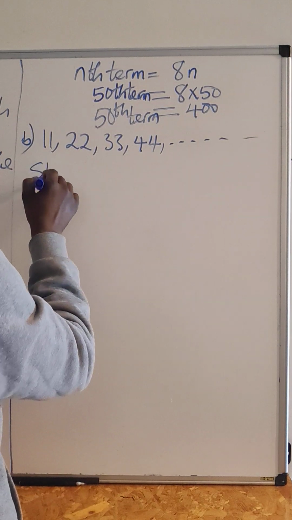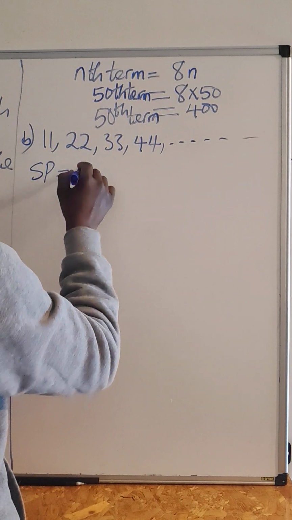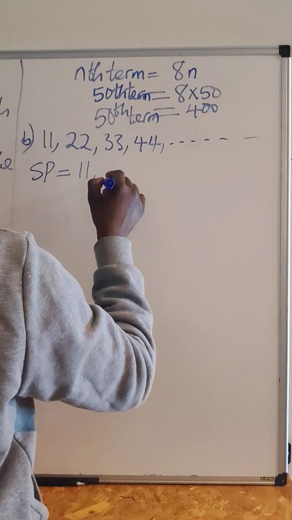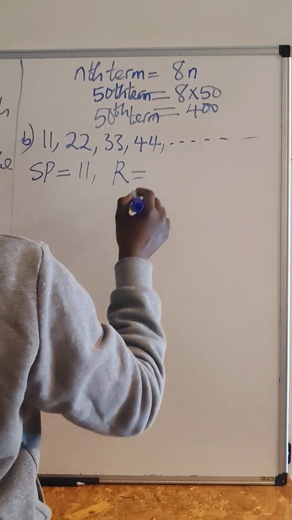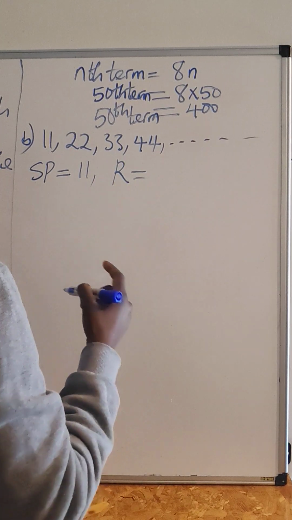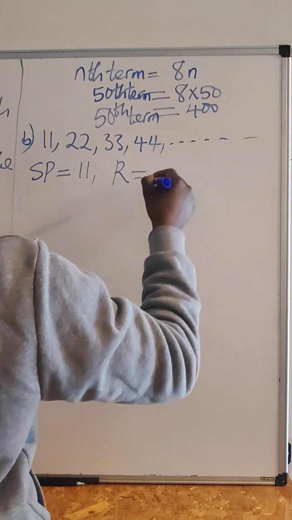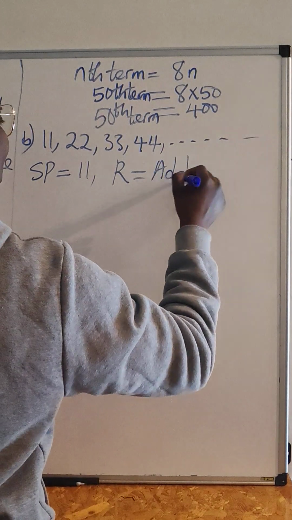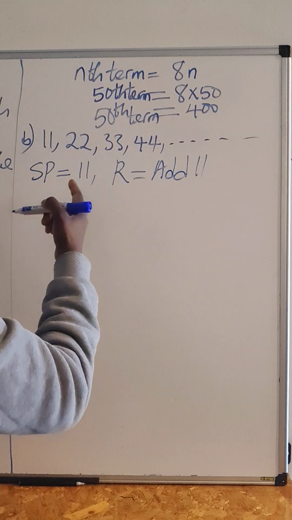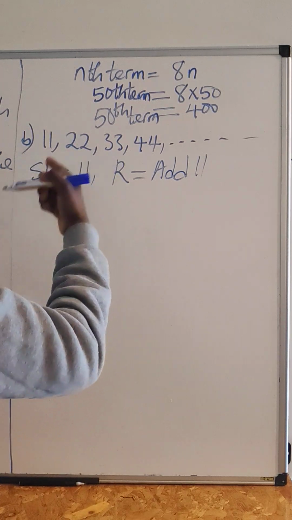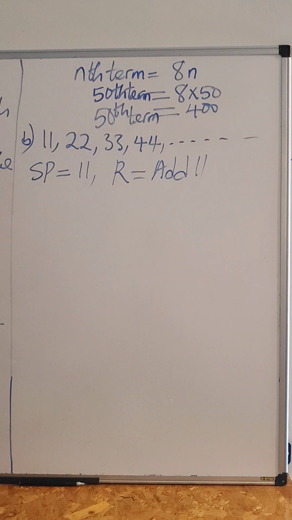So the starting point, which is the first term, is 11, and the rule, which is the connection of the relationship between the terms of the sequence, is add 11. If you look at it, you discover adding 11 produce the subsequent term.